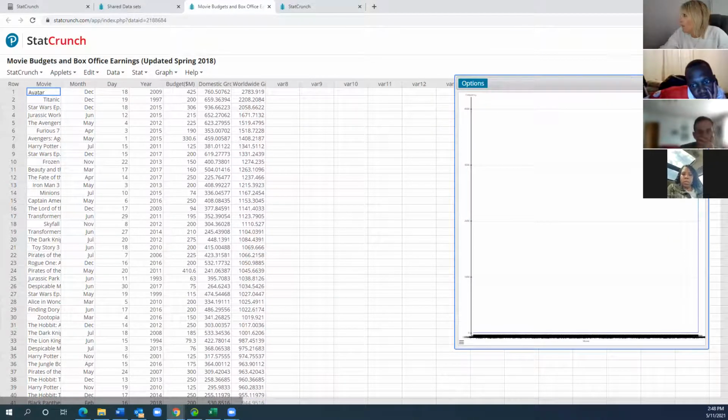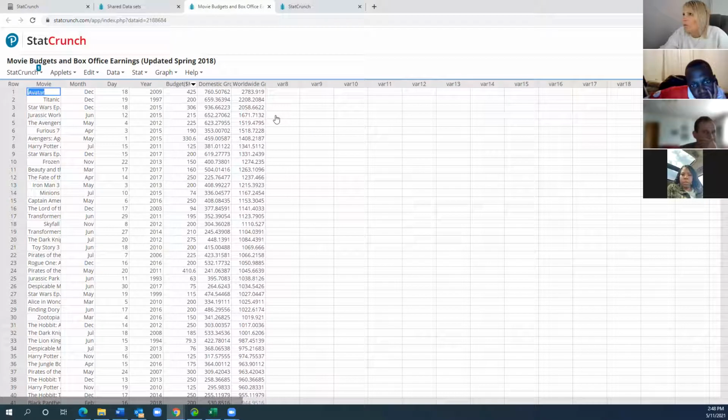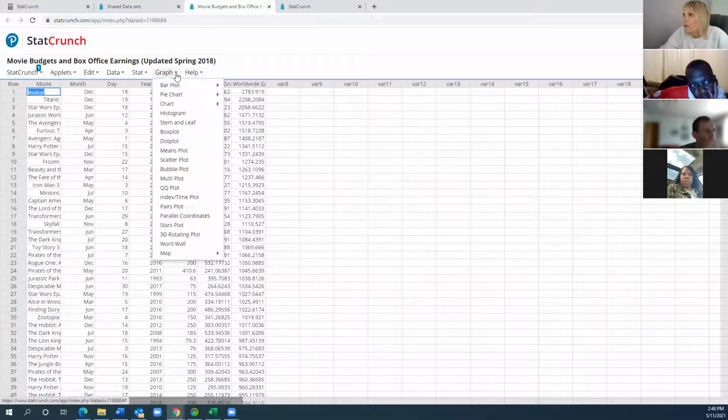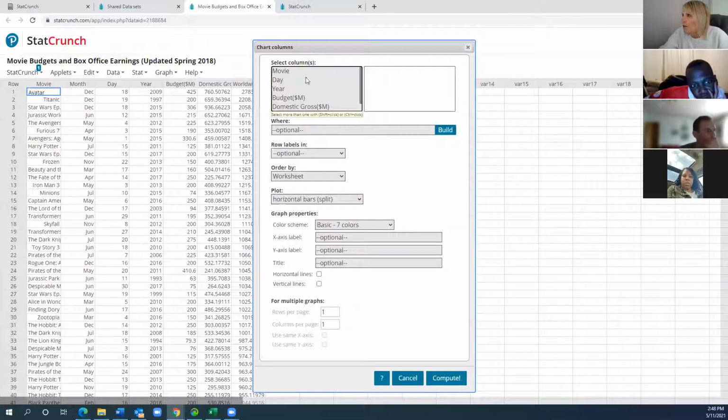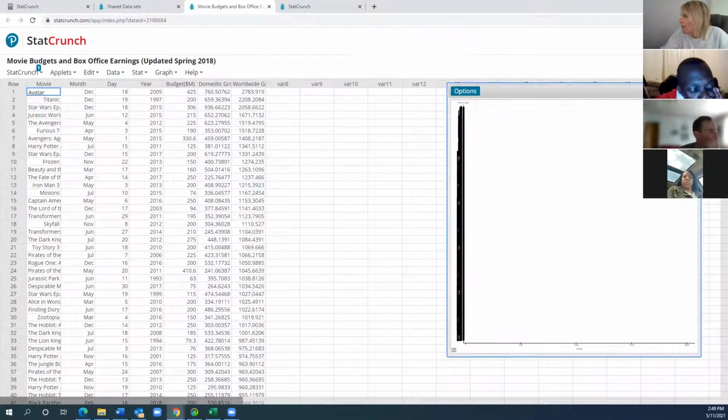Well, I don't like that. Let's see here. Maybe I want chart and columns. I think I want chart and columns for movie. Let's see if that's better. It's not letting me do that. Oh, we didn't like that either.